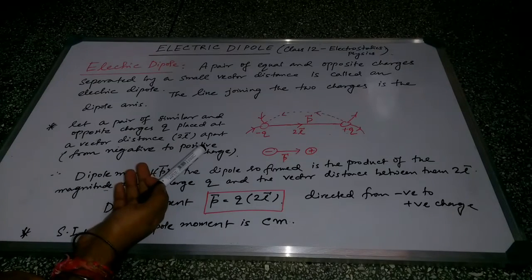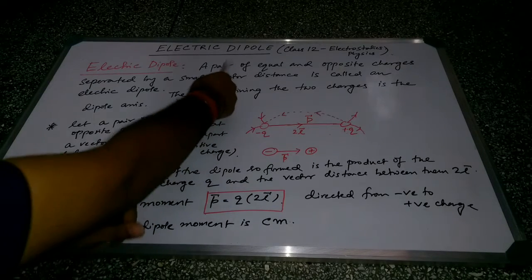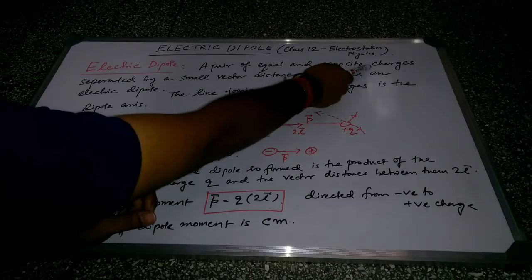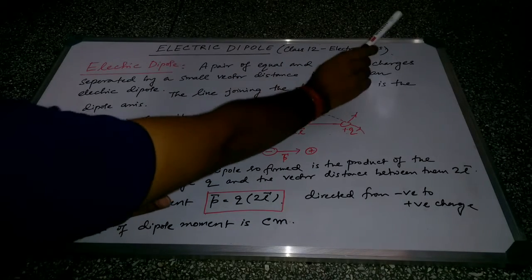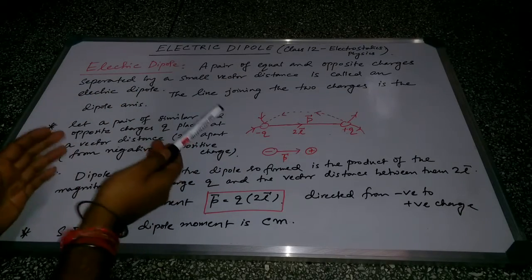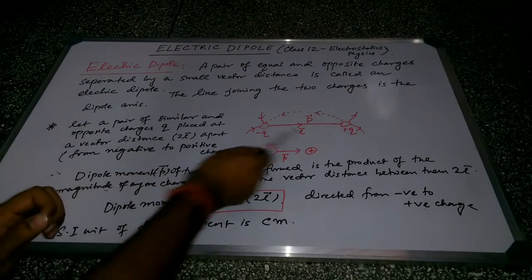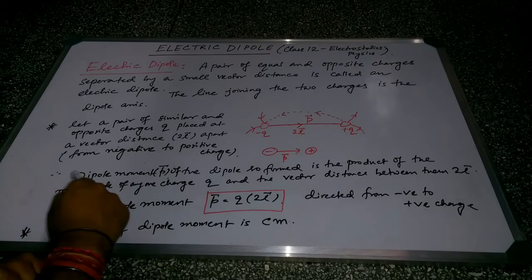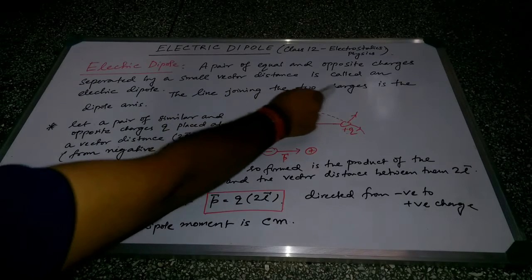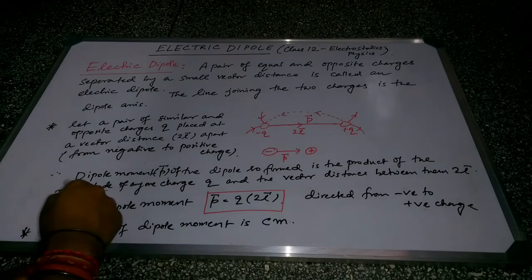It consists of a pair of equal and opposite charges, that is plus minus q, separated by some small vector distance, which forms a dipole. And the line joining the two charges is the dipole axis.